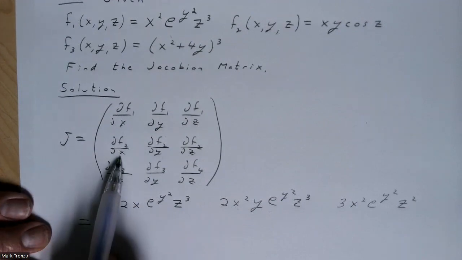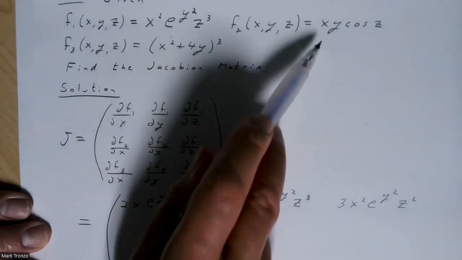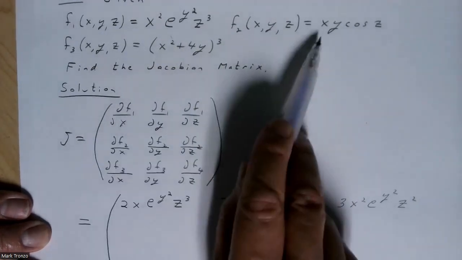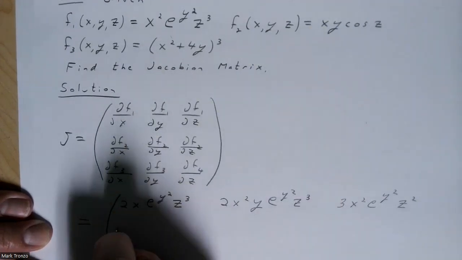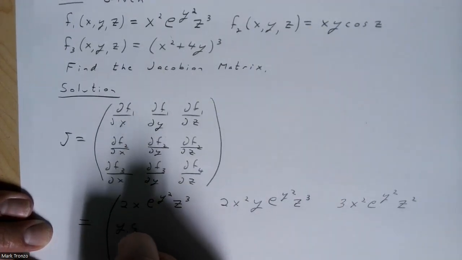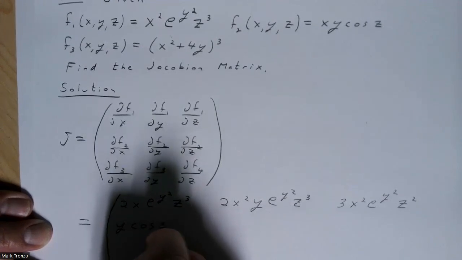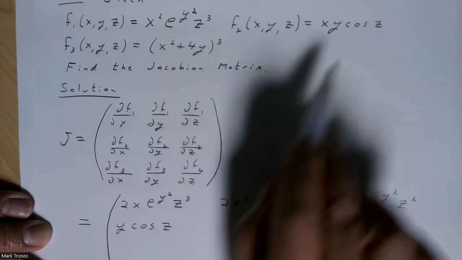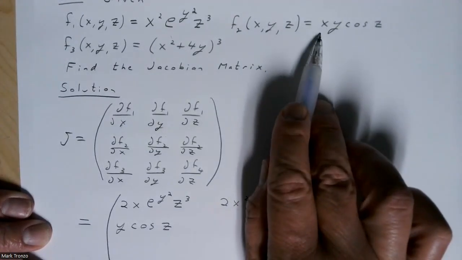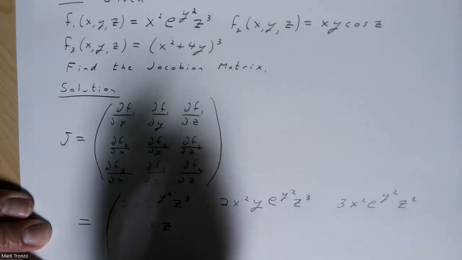Then the derivative of the second function with respect to x, y, and z. Again, with respect to x, we're just going to be left with y cos z. The partial derivative with respect to y is just going to leave us with what? x cos z.